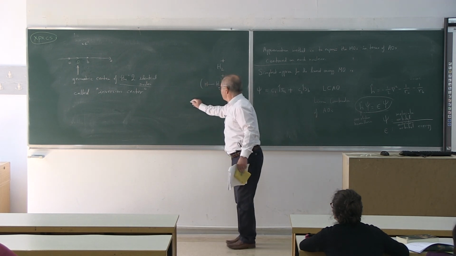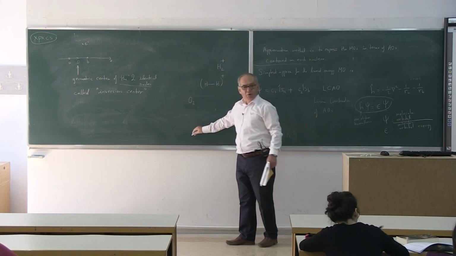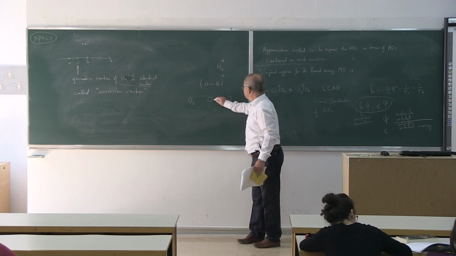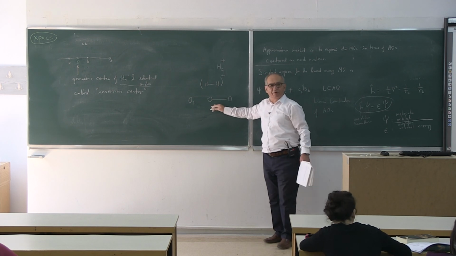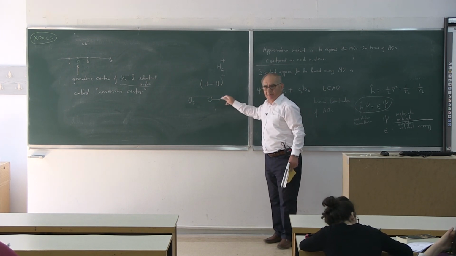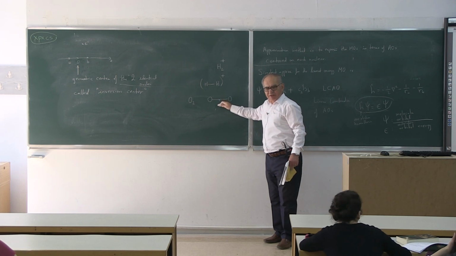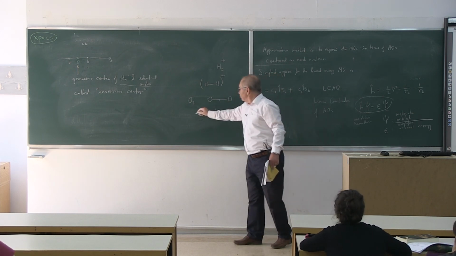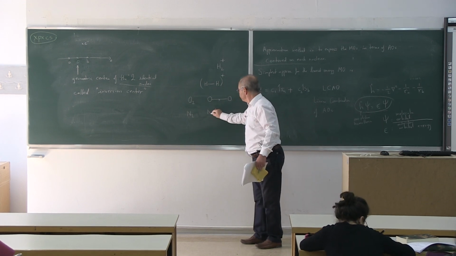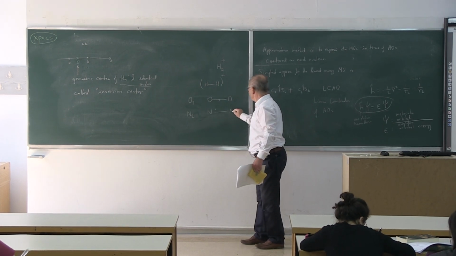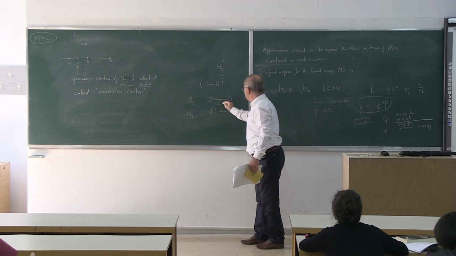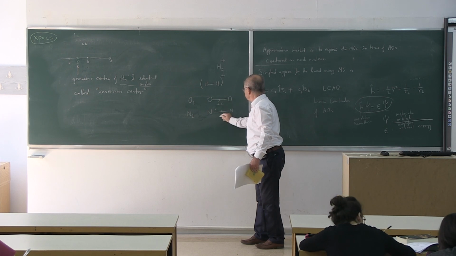Say, the oxygen molecule, O2. Here is oxygen, here is oxygen, and the inversion center is the geometric midpoint between the two oxygen atoms. Or the nitrogen molecule, any homonuclear diatomic. These are inversion centers.